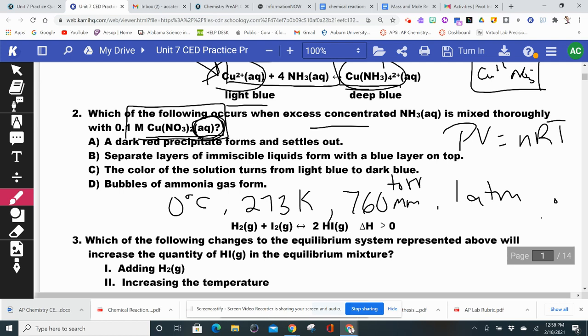Okay? So this fact of 1 mole of a gas being equal to 22.4 liters is only true at those conditions. So it's useful and it's a good thing to remember. And I think it's on your reference sheet. I'm not sure. But it's only going to come into play when you have standard temperature and pressure.